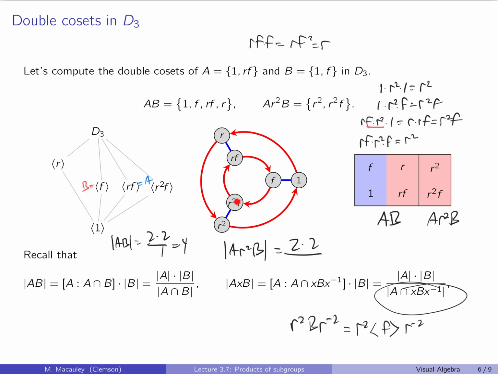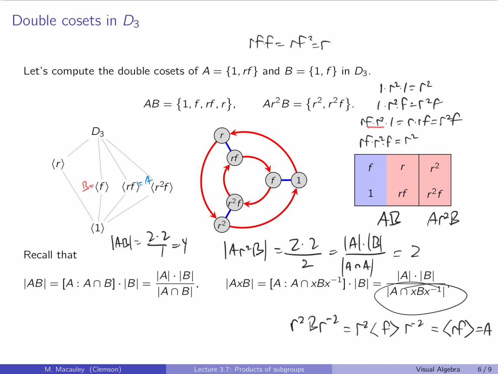R, F, R minus 2, that is RF, and that is equal to A. So the size of this is the size of A times the size of B divided by the size of A intersect A, because this conjugate is just A. So that of course is just A. So this is 2 times 2 over 2, and that's equal to 2.